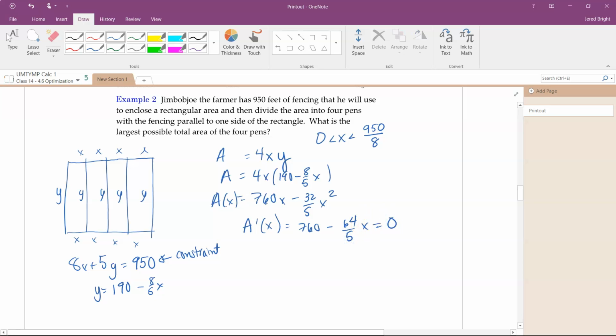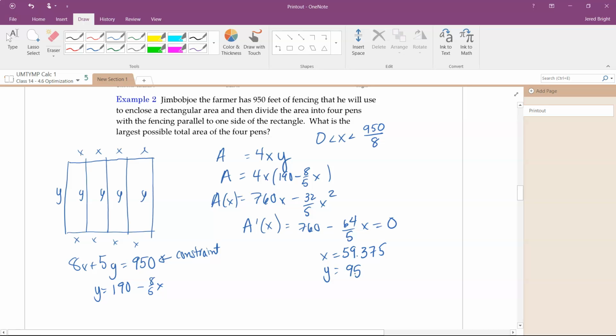I forgot the squared earlier. Set that equal to 0, and we can solve. x is 59.375, and then when you go through and find it, your y value is going to be 95.